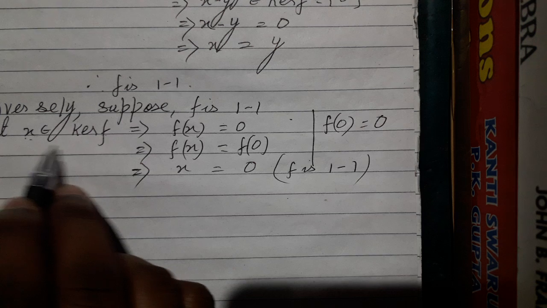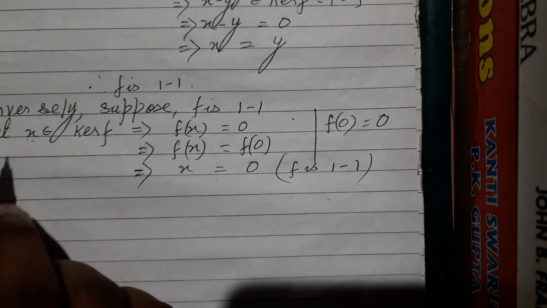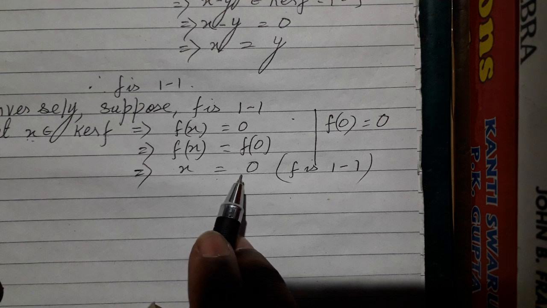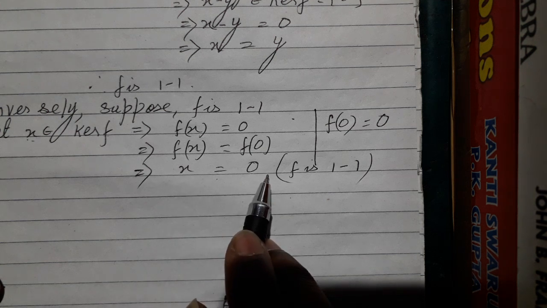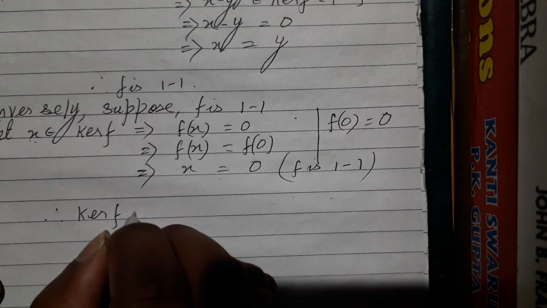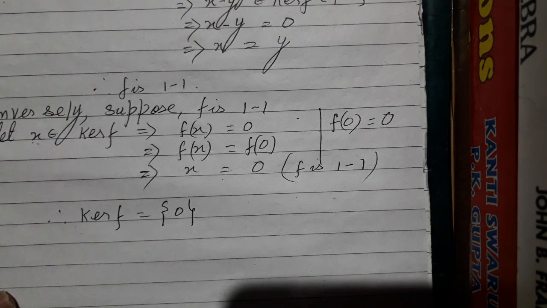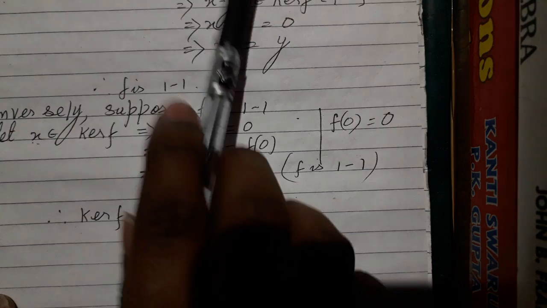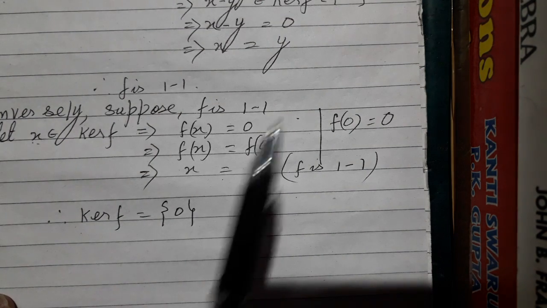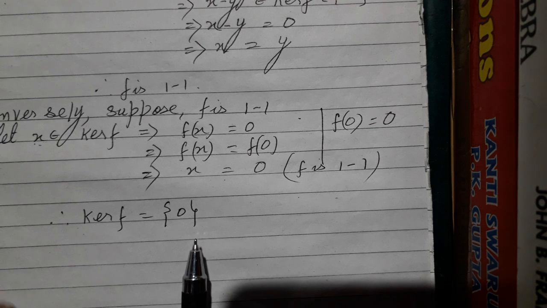So I took one arbitrary element in the kernel and got that the element is 0, therefore the kernel consists of only the 0 element. So we have proved that if the kernel is 0, then f is one-one, and if f is one-one, then kernel of f is 0.